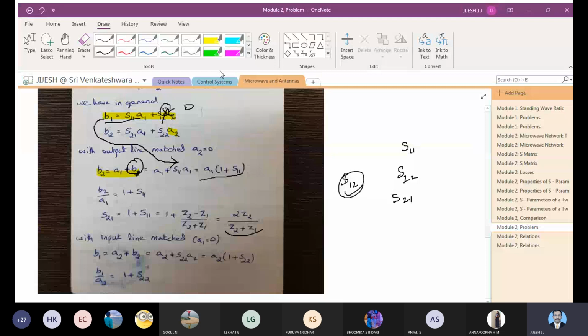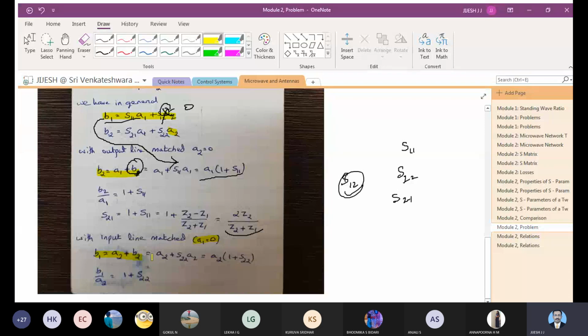So we'll get here the equation as B1 is equal to A2 plus B2. In the same way, you have to go ahead with this. What is B2 from this equation?